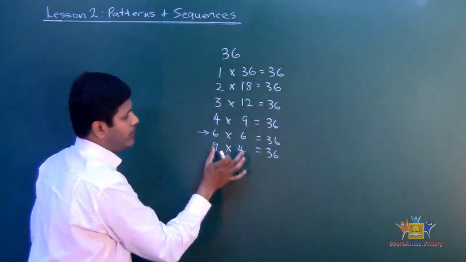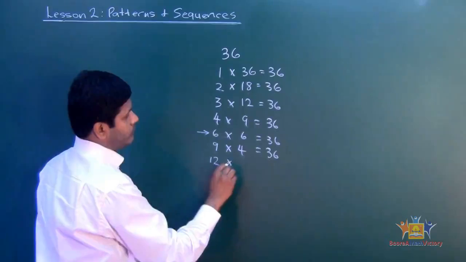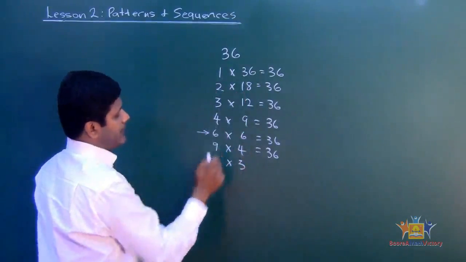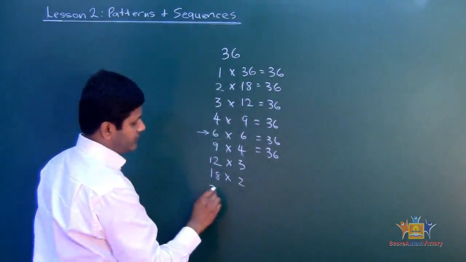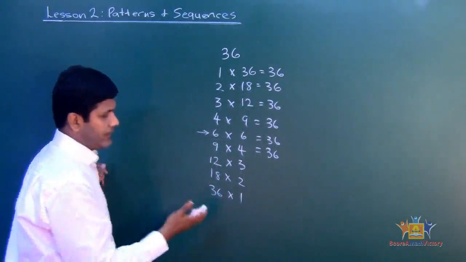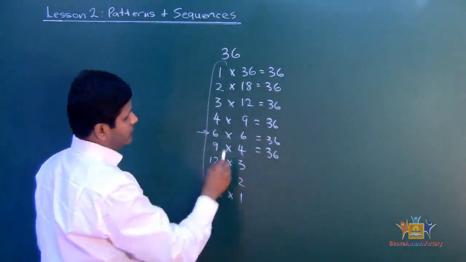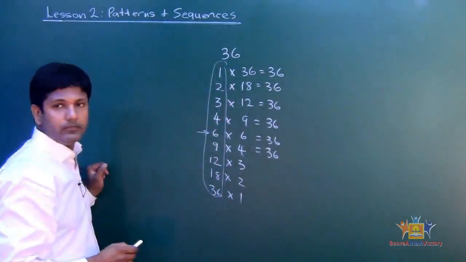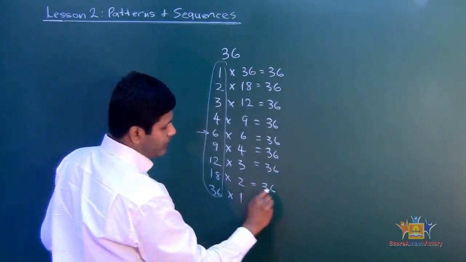So this one is 9 times 4. Next one will be 12 times 3. And next will be 18 times 2. And next will be 36 times 1. That's the end of it. So these are all the factors for 36. And all of them will give you 36. Very important, okay?